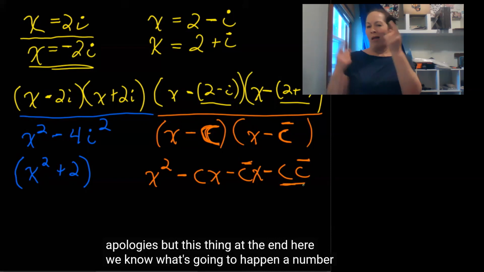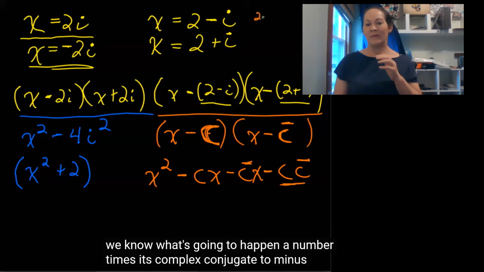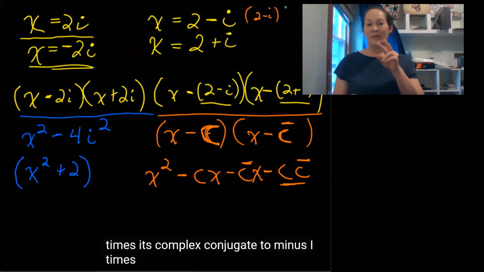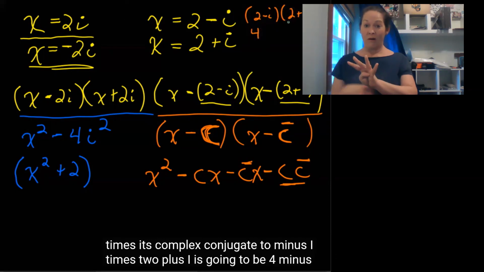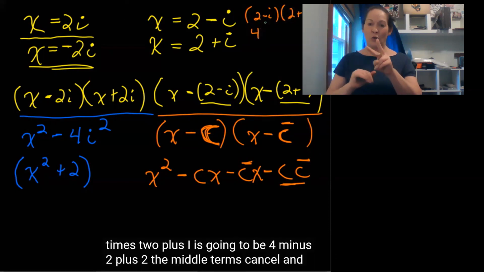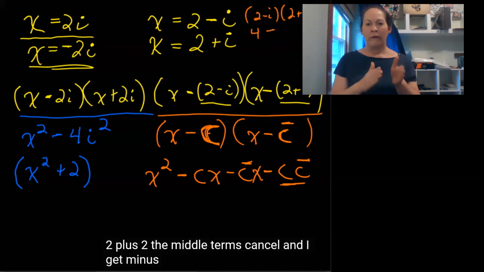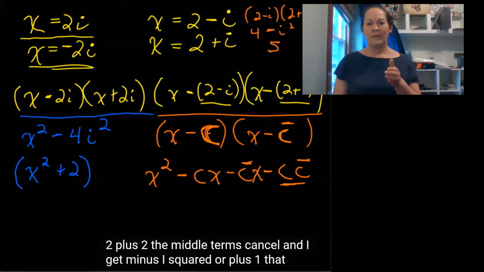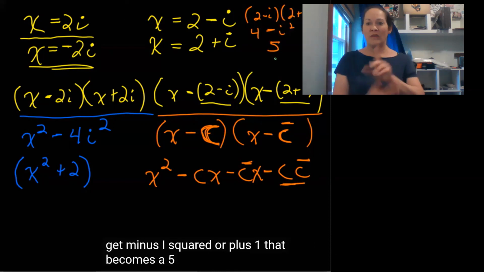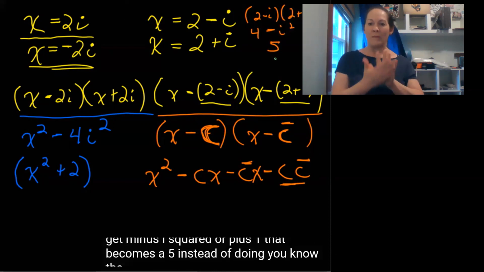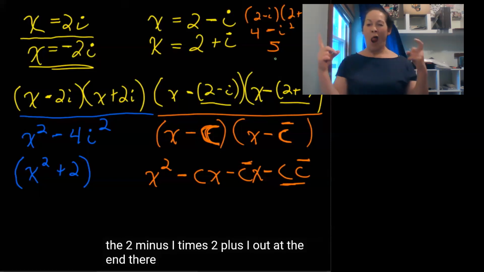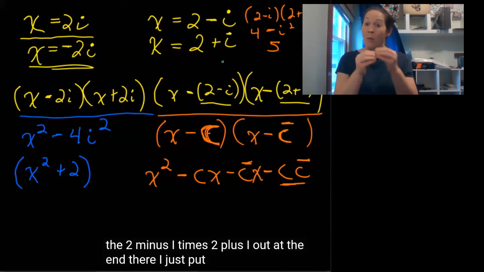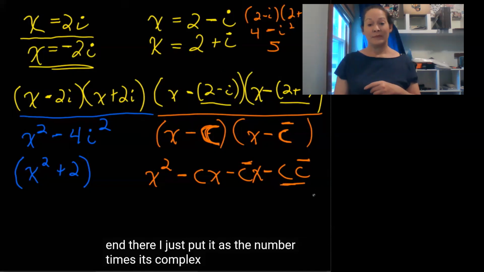A number times its complex conjugate, 2 minus i times 2 plus i, is going to be 4, minus 2i plus 2i, the middle terms cancel, and I get minus i squared, or plus 1. That becomes a 5. So instead of doing the 2 minus i times 2 plus i out at the end there, I just put it as the number times its complex conjugate.